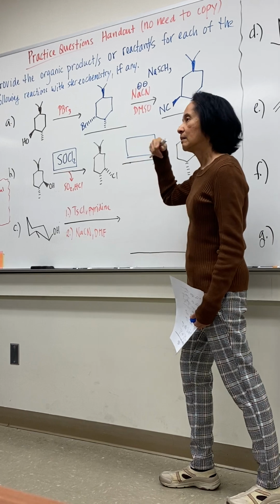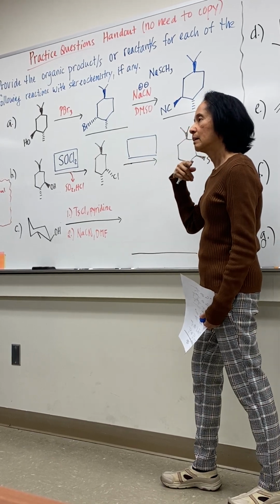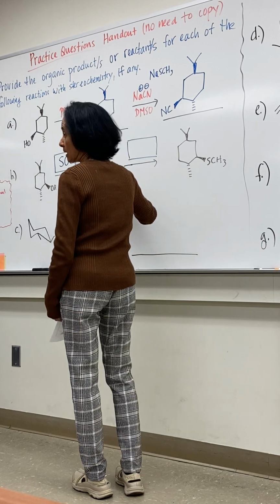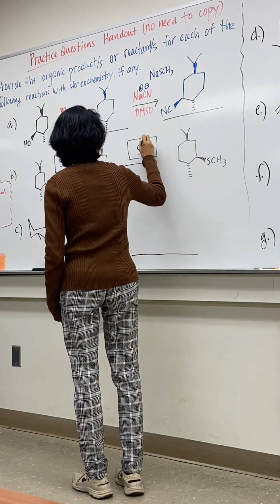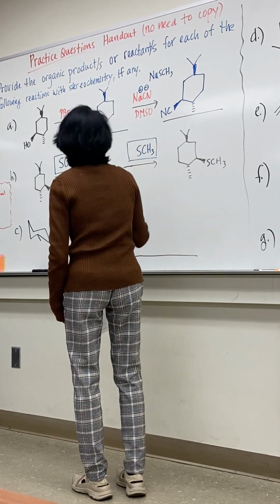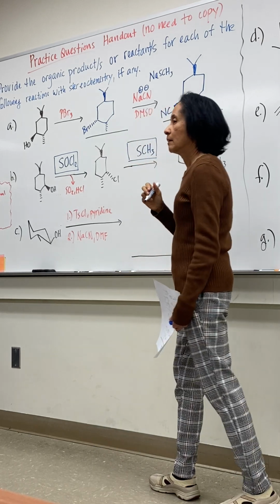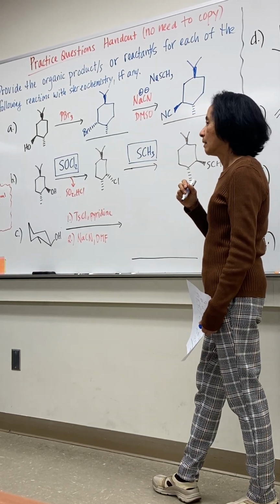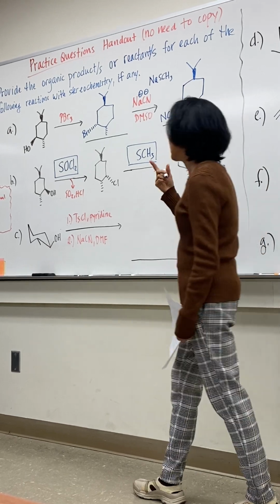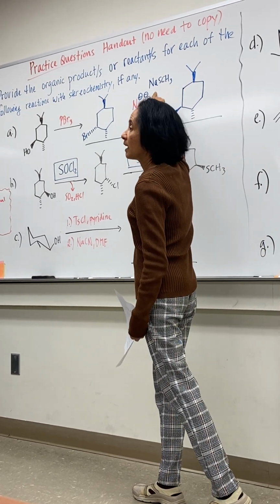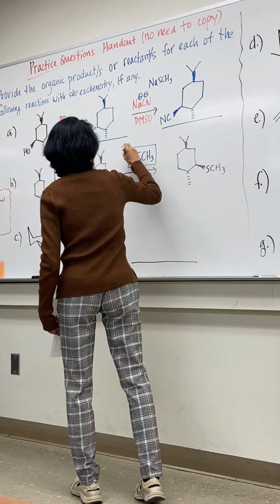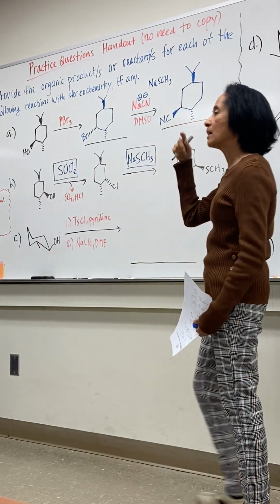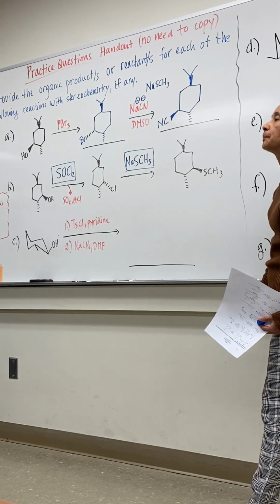So is it just SCH3? But this is a negative, right? So you can write negative, or the same as this one, so then it would be Na. Yeah, okay. If you just write S negative, SCH3, then it's okay.